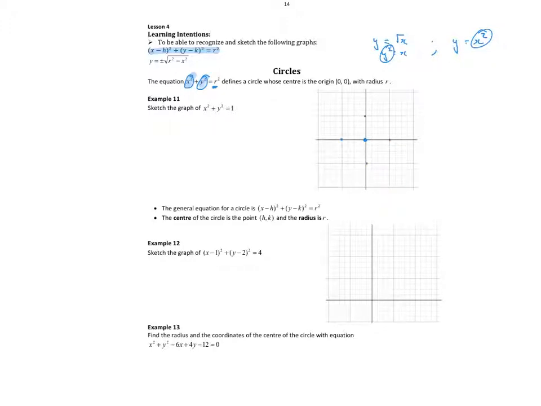So I think one of these shapes is a circle. Have a look how we go. It may not be perfect.